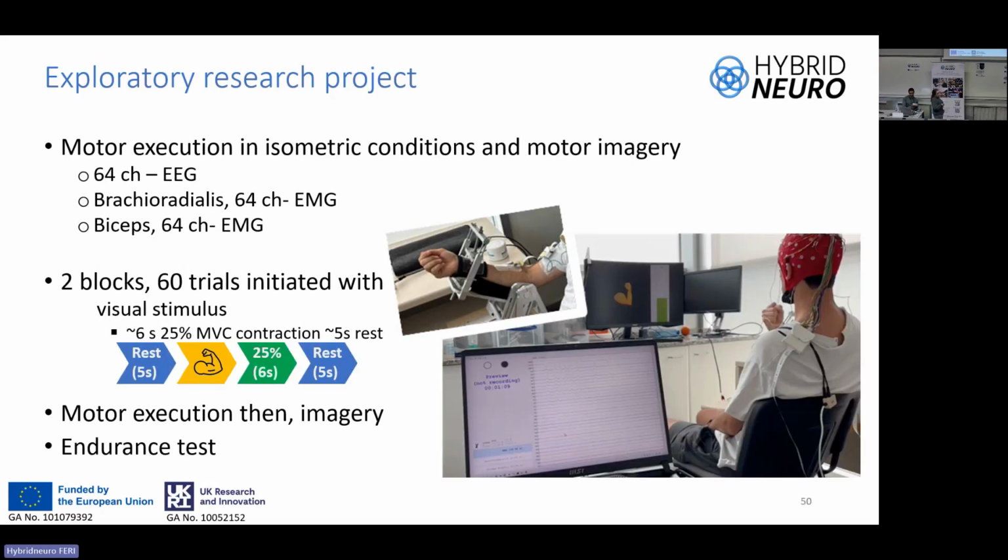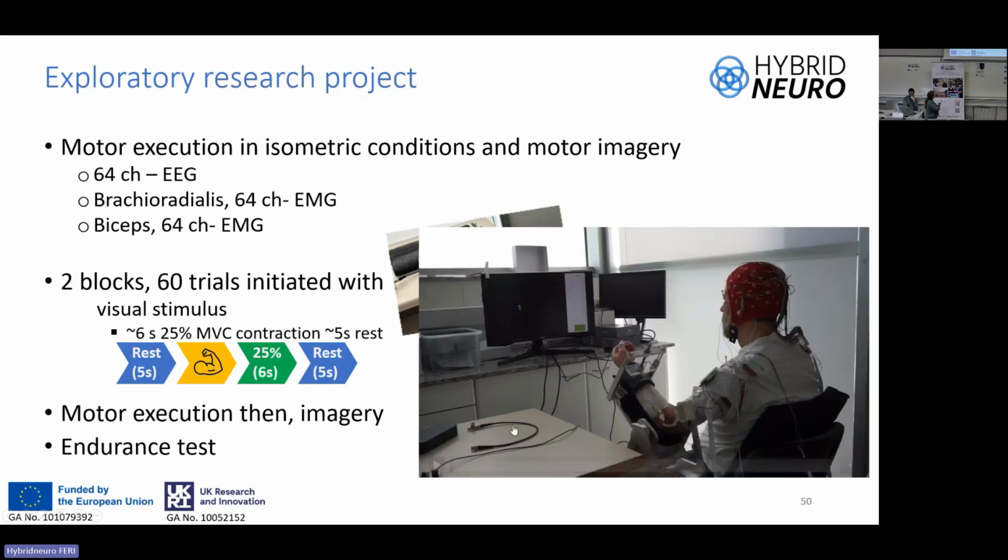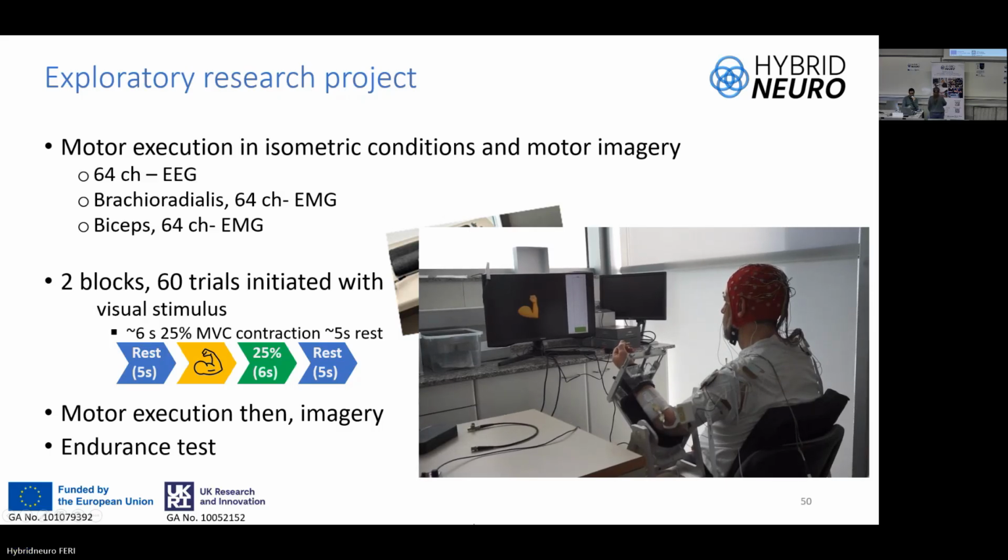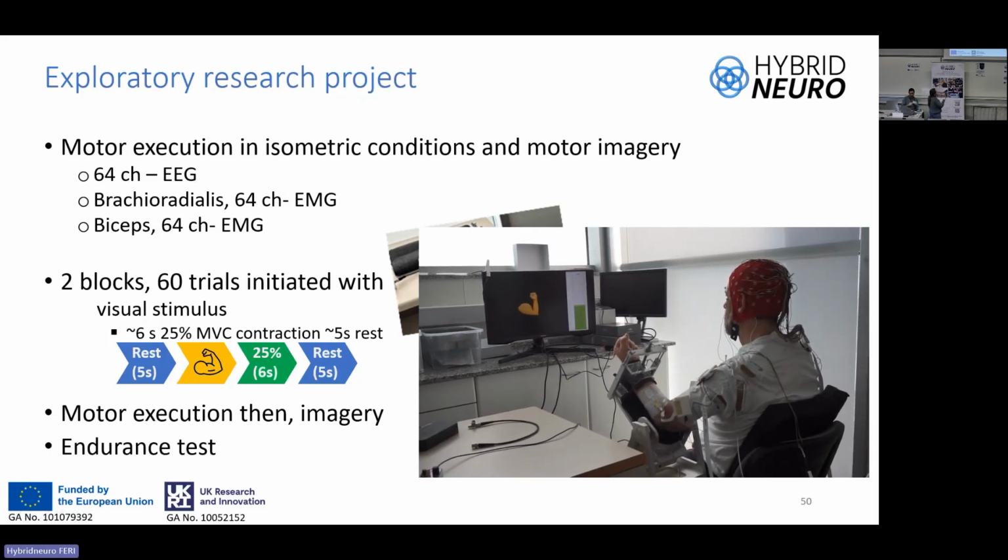So this is the first part of the experiment, which is related to motor execution and motor imagery. In this case, it's isometric conditions, so we are using mechanical brakes.